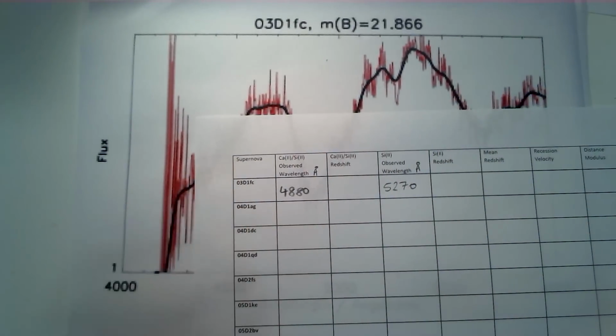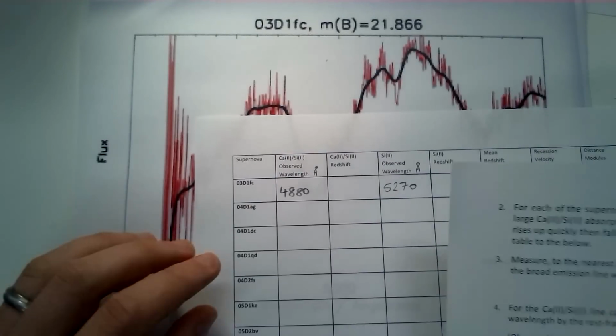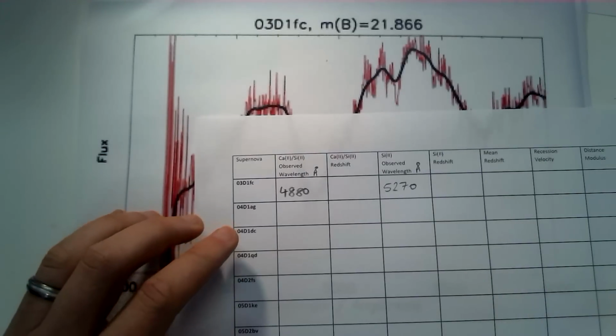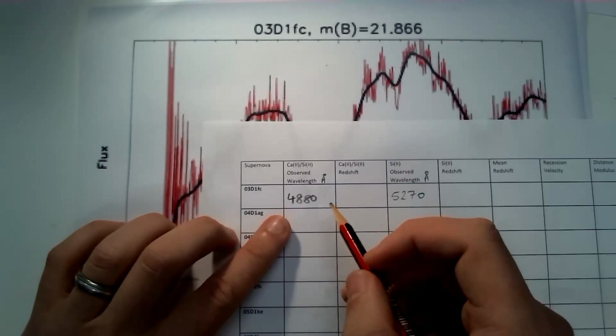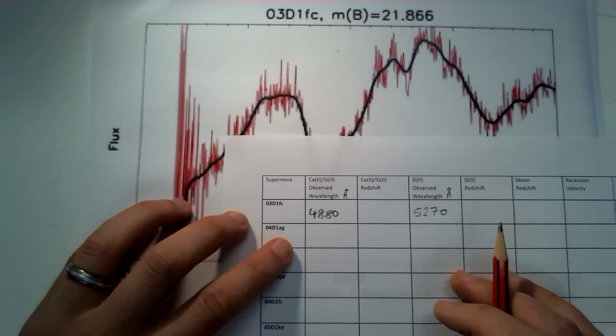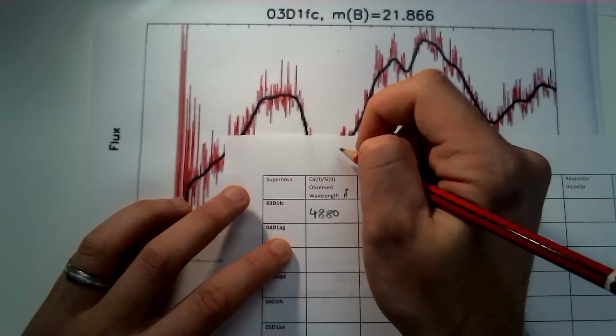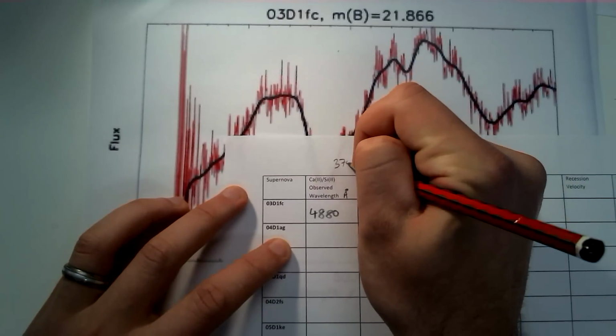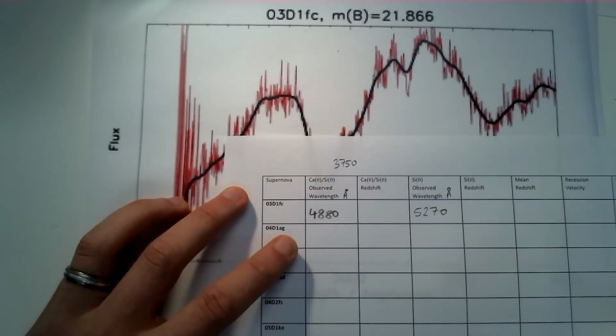Okay, right. Now we need to work out the redshift of those lines. And the rest frame wavelength for this absorption line, is given in the text, is 3,750 angstroms. I'm just going to write that up here, just to remind me.